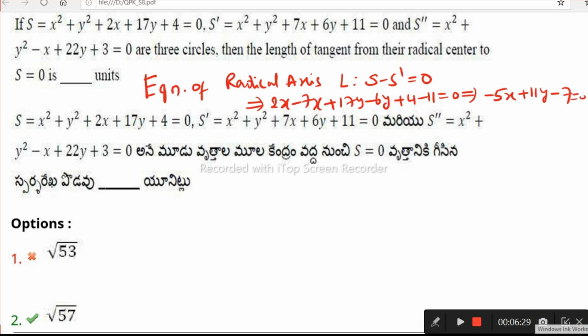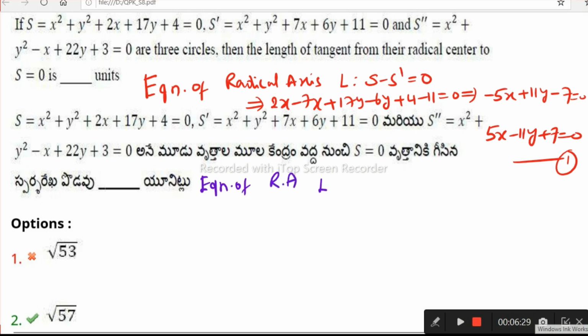So again I am rewriting this as 5x minus 11y plus 7 is equal to 0. This is taken as equation 1. We can find one more radical axis, and by solving those two we can find the radical center, right? Now the equation of the radical axis with S and S dash I have taken; the equation of one more radical axis I am writing in short form RA.